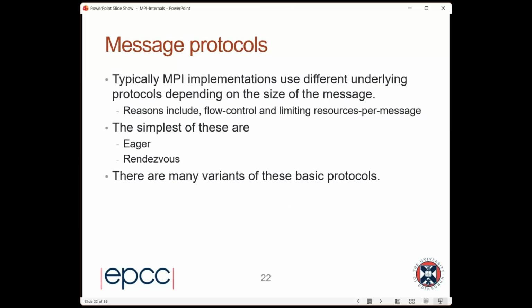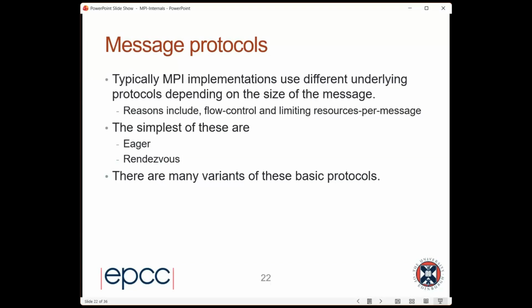So MPI implementations will use different underlying protocols depending on the size of the message. I'll just cover the protocols first, and then come back to how this is implemented for MPI send.